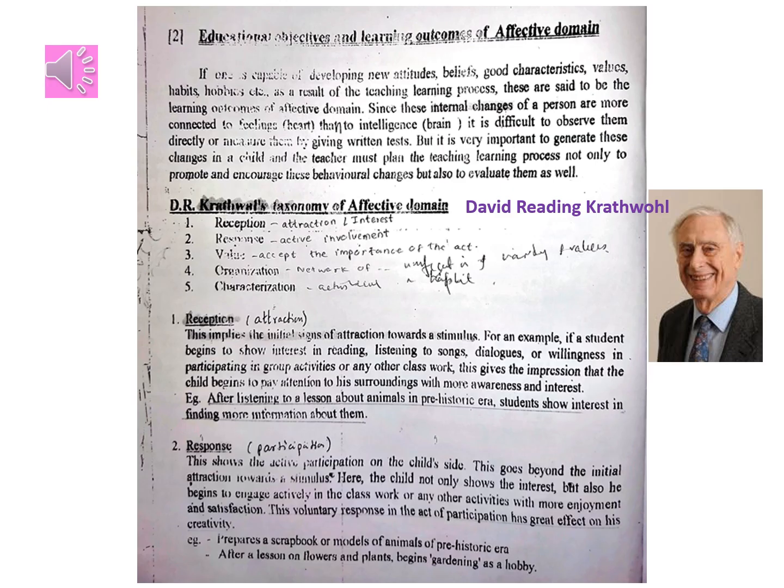We cannot observe them directly or measure them by giving a written test. But it is very important to generate those changes in a child, and the teacher must plan the teaching learning process not only to promote and encourage these behavioral changes, but also to evaluate them as well. Most of the time you inculcate good attitudes, beliefs, values, right?